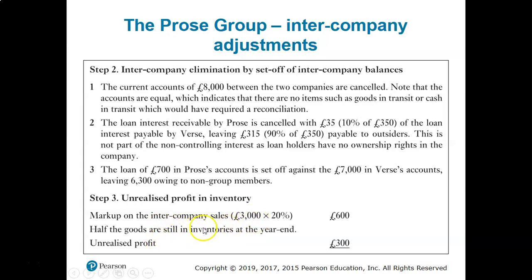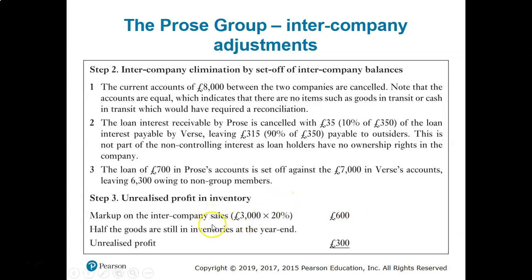If the sales price is 125, and the sales price now is 3,000, then 3,000 divided by 125, then you will get 2,400 as the cost figure. So if the cost is 2,400 and the sales price is 3,000, how much is the profit you added? 3,000 minus 2,400, that means 600 you added as profit. This is another way you can calculate as well.